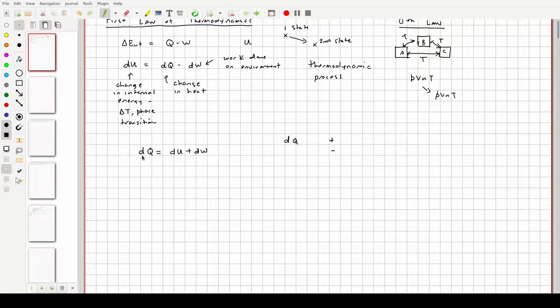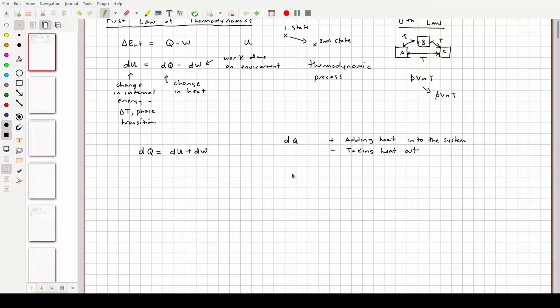The convention is that it's positive, and positive means that you are adding heat into the system. Okay. Now, the negative is that you're taking heat out. As written, it's considered to be positive.